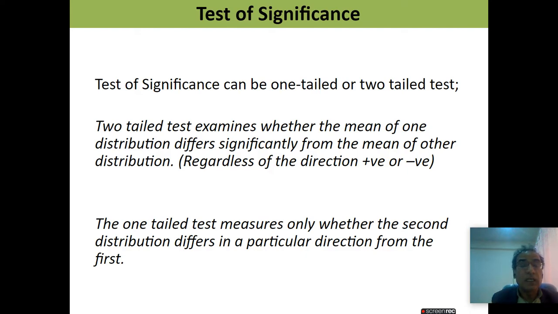On the other hand, the one-tail test measures only whether the second distribution differs in a particular direction from the first. So in the one-tail t-test we see the direction, and in the two-tail t-test, in comparing, we do not care about the direction of the distributions.